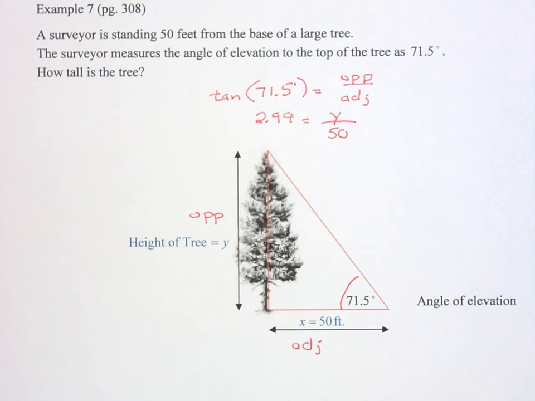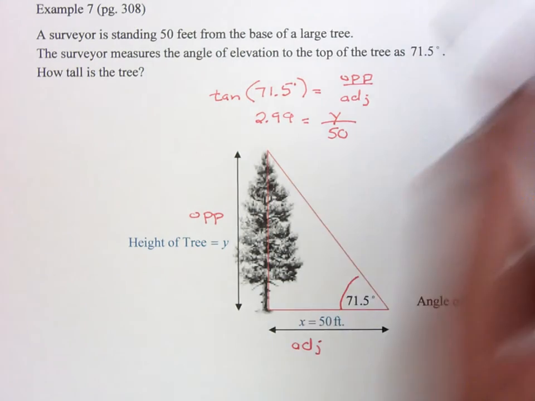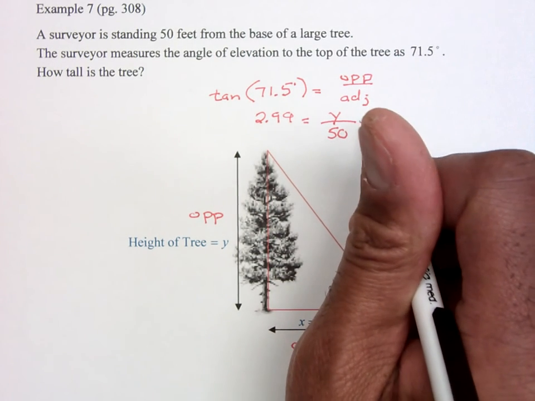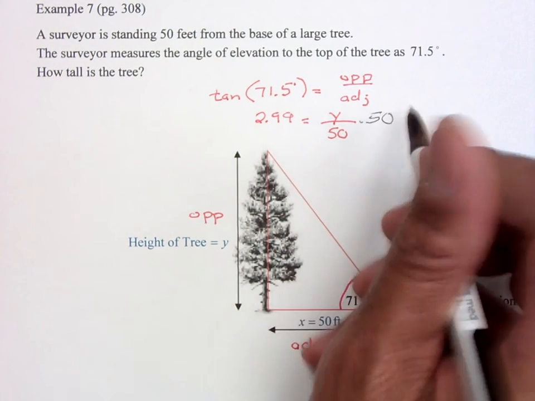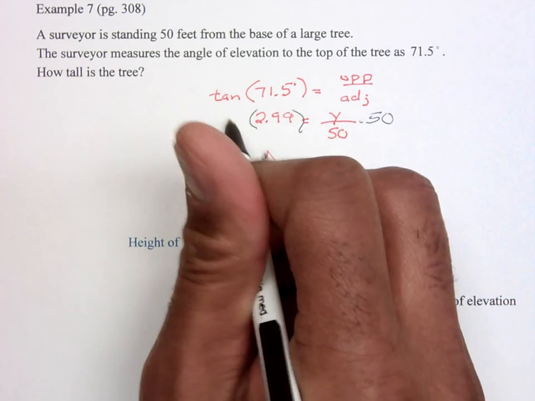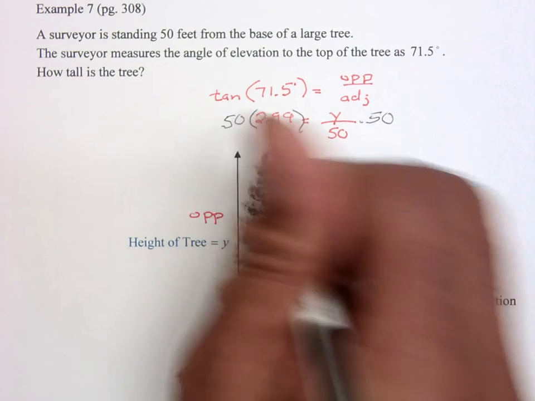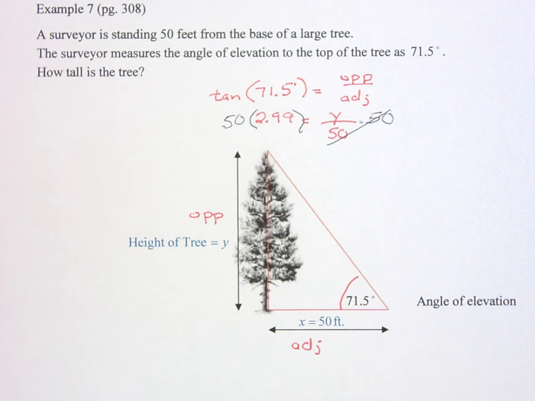I'm going to use a different color here. So if I multiply this side by 50, 50 feet actually, and this side also I'm going to multiply by 50. These will simplify and we'll get the Y by itself. So if you multiply about 2.99 times 50, you get about 149.5.